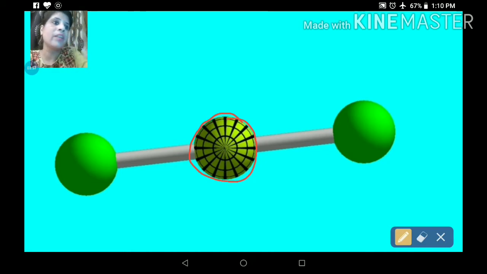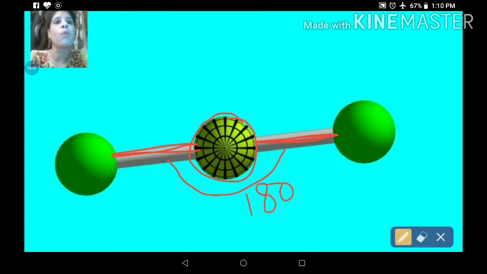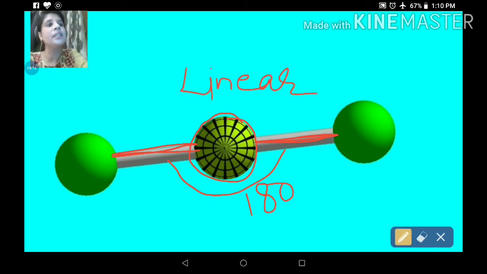If there are two bonds, they will be maximum far apart in space, at an angle of 180 degrees. So with two bonds at 180 degrees, the geometry here will be linear.